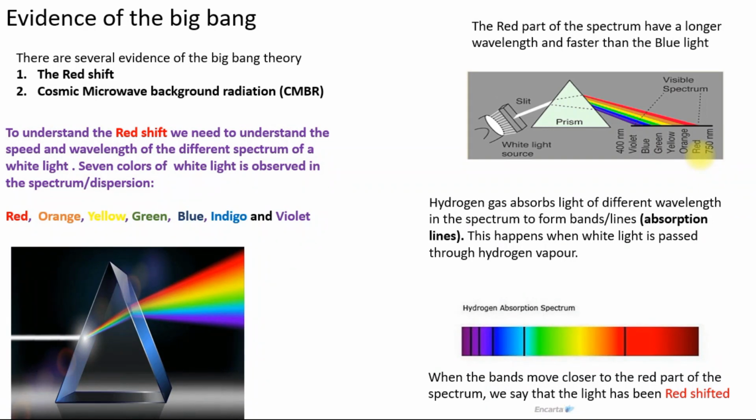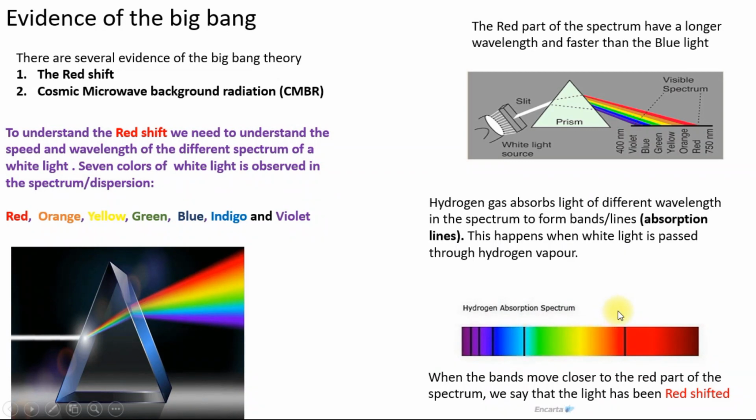Hydrogen gas absorbs light of different wavelengths in the spectrum to form bands or lines called absorption lines. This usually happens when you pass hydrogen vapor through the spectrum, and then we have a display like this. You notice the formation of different bands.